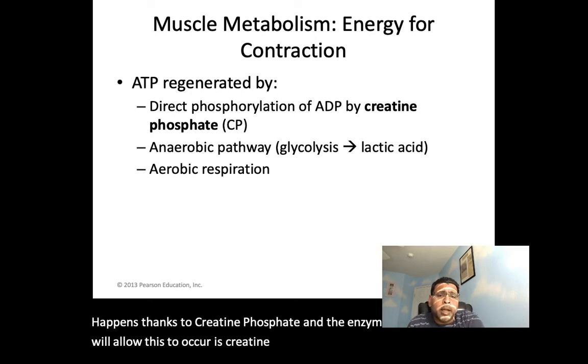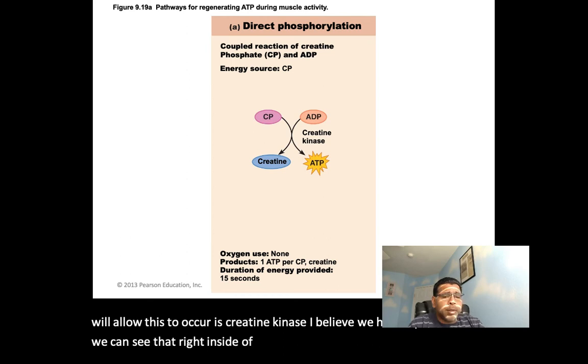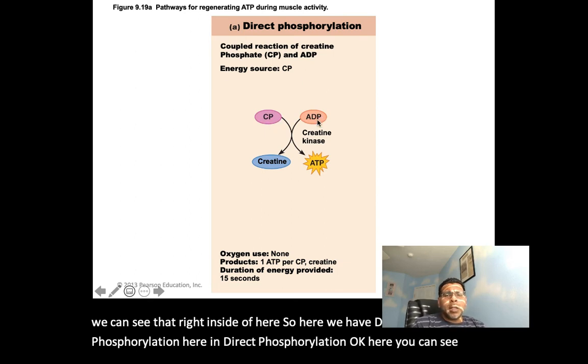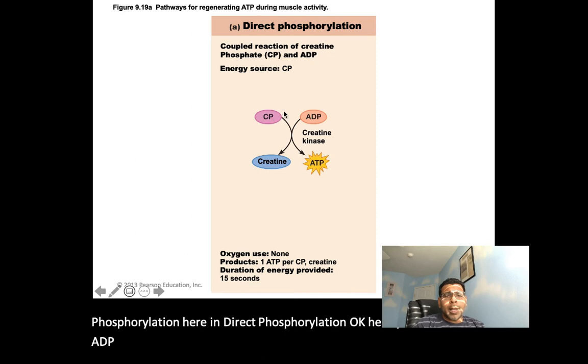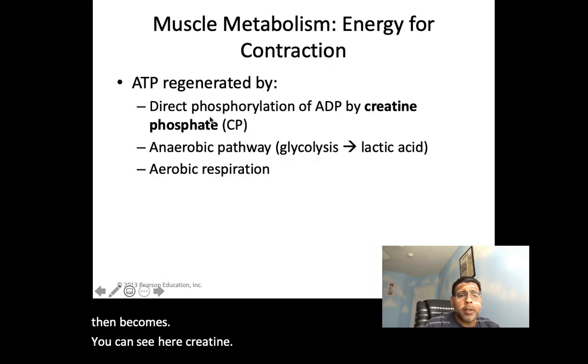I believe we have a picture here. In direct phosphorylation, you can see ADP is phosphorylated thanks to creatine phosphate, which then becomes creatine.